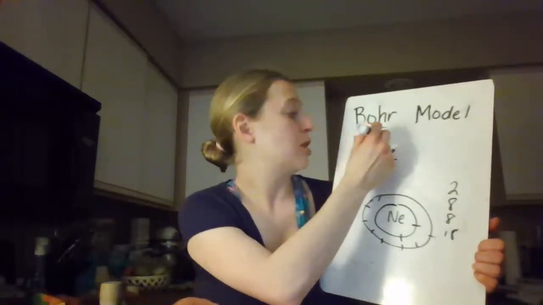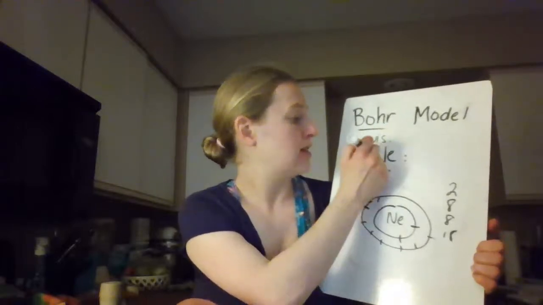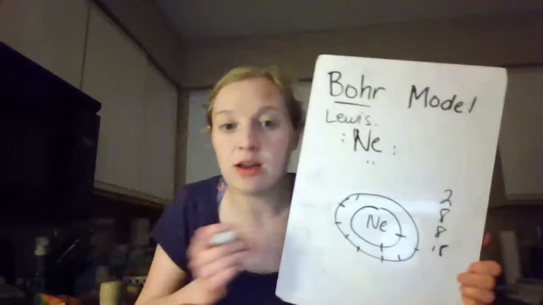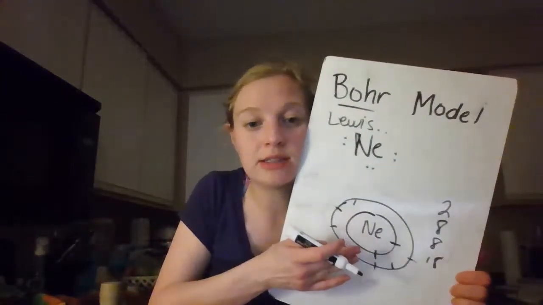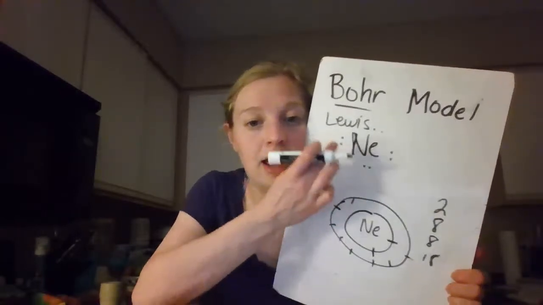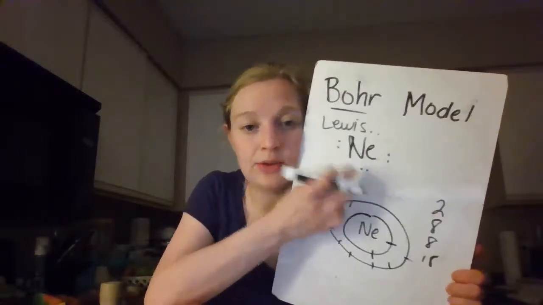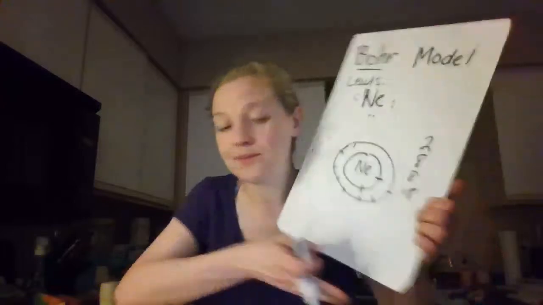And this is the Lewis structure now: 1, 2, 3, 4, 5, 6, 7, 8. So neon will have 10 total electrons, 2 in the first shell, 8 in the second shell, and the second shell is reflected in the Lewis diagram right here, 8 electrons around the neon.